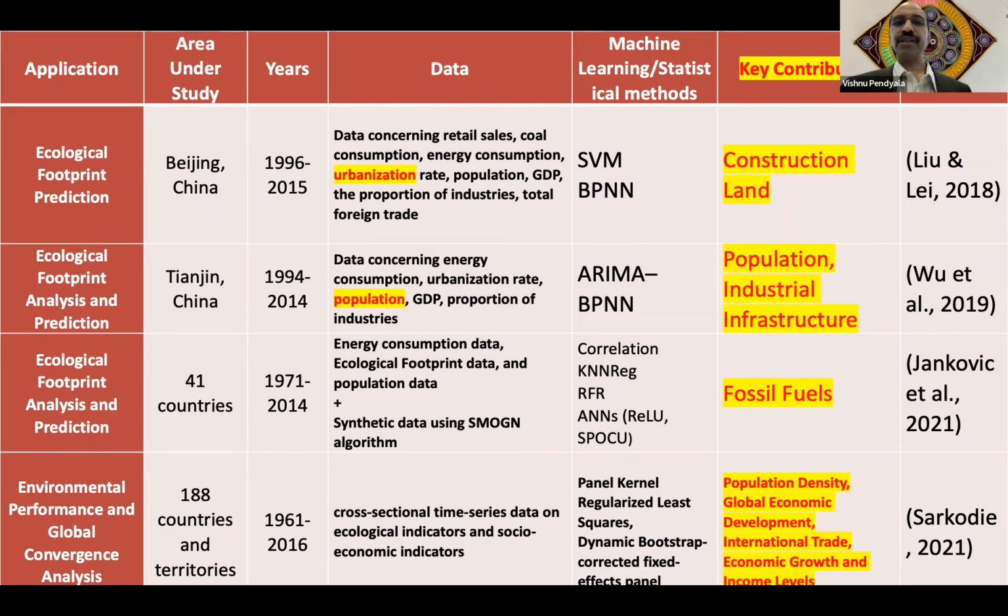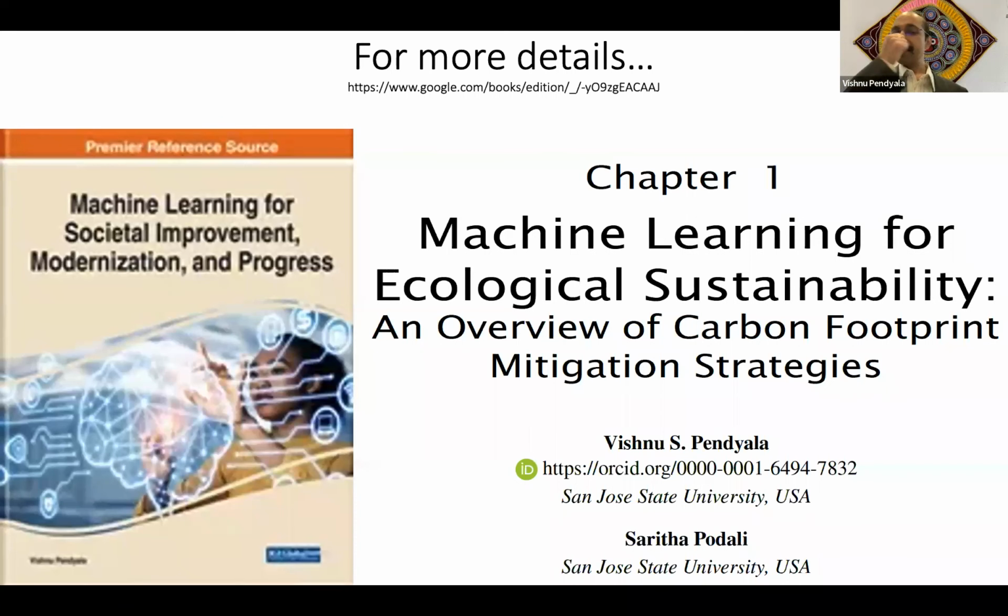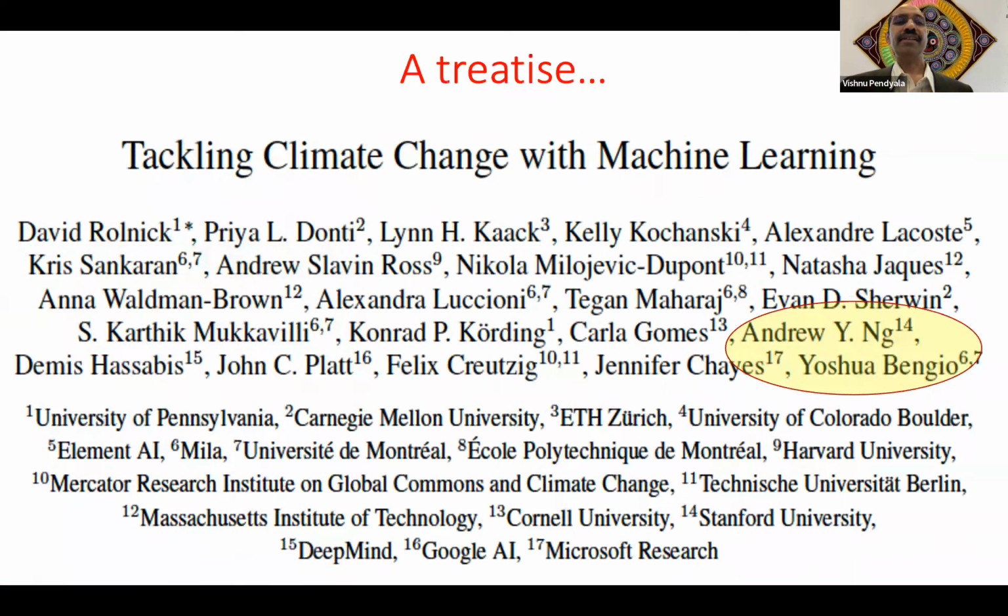So I'm kind of running out of time. For more details, this is a chapter that one of my students and I authored together in my recently published book. So you can refer to that. But a more significant treatise is a 112-page paper produced by researchers from all these top institutions, including Andrew Ng and Yoshua Bengio, two noted names in the AI/ML space.